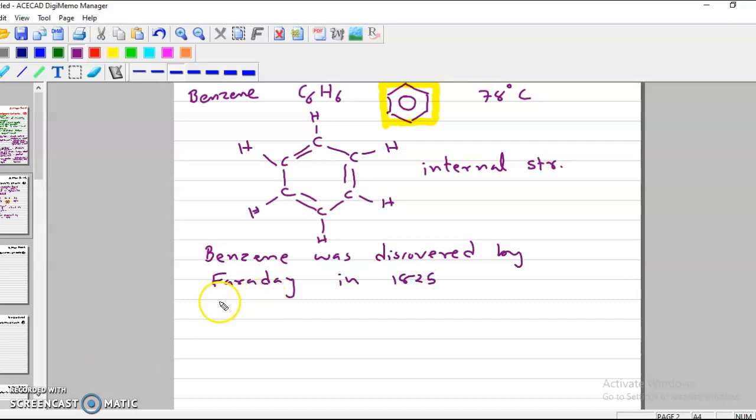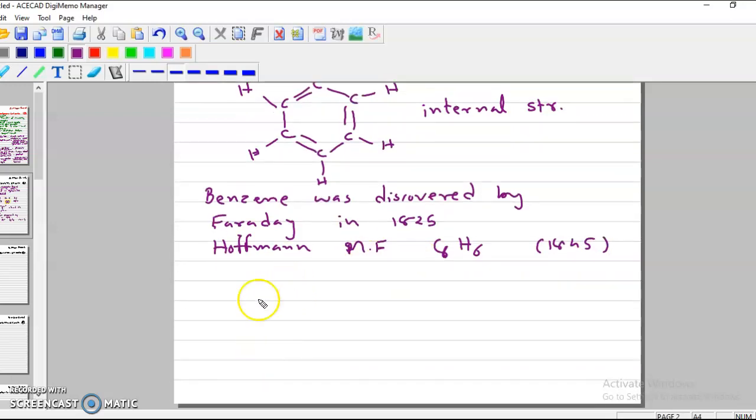After 20 years, Hoffman gave the molecular formula, C6H6. Of course, there are certain tests for that. We will not discuss in detail, but this was given in 1845. So after 20 years, we got this molecular formula of benzene, that is C6H6.